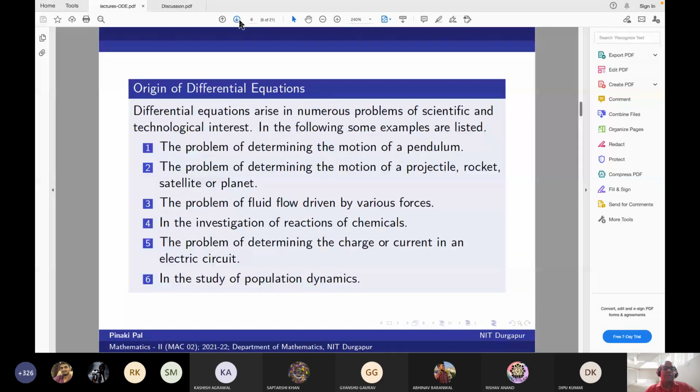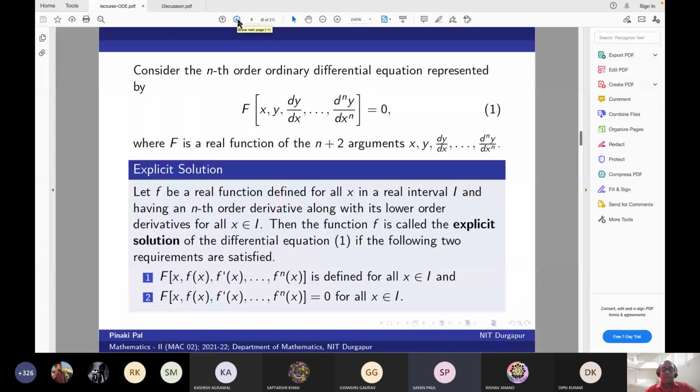Sir, you have said the polynomial equation in dy/dx. Yes, dy/dx is the derivative; it may be higher order derivatives, not only dy/dx, it can be d²y/dx², d³y/dx³. So we have to consider different powers of the derivatives, and they cannot appear as fractional powers. If they appear in fractional power, and it is possible to make it integral power, then we can define the degree.